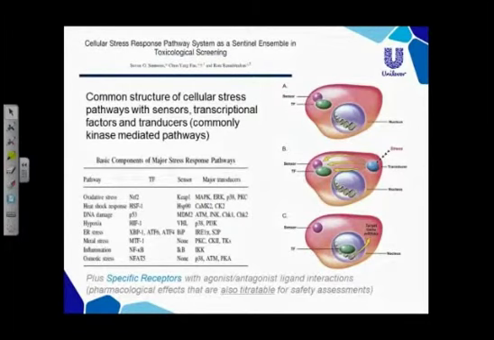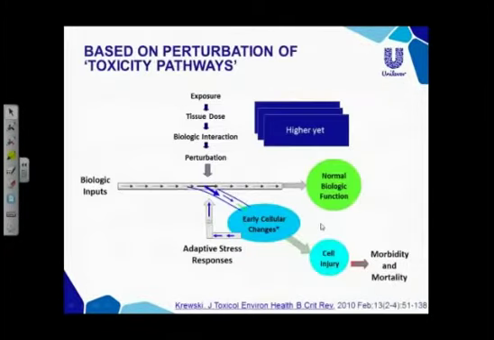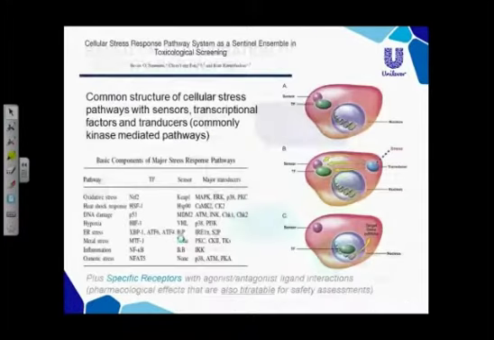And as toxicologists, we don't have to sort of invent all of this. We just have to sort of open our eyes to some of the science that's out there and available to us. Many of these adaptive stress responses are very well characterized.